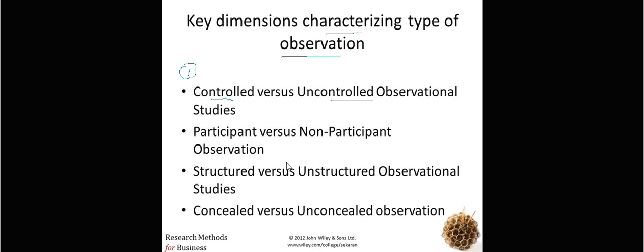Number two, about the participant. Participant, that mean we ourselves as the researcher, whether want to join that the group or not. Okay, they call participant or not participant. Okay, in this case, is required strongly is participant because we want to understood the real phenomena. Then number three, about the structures.